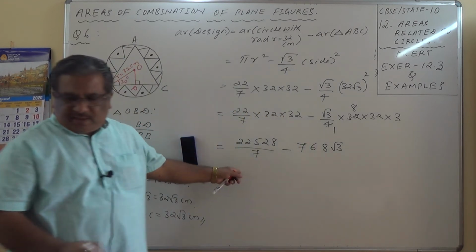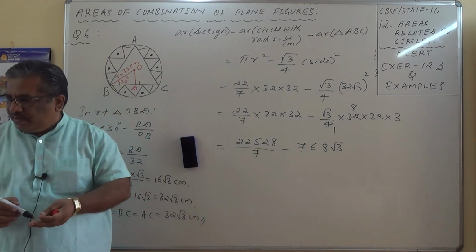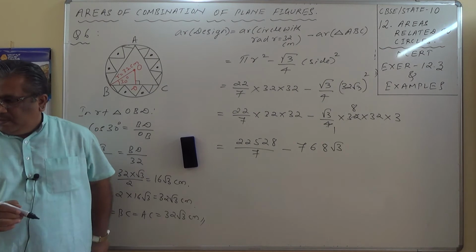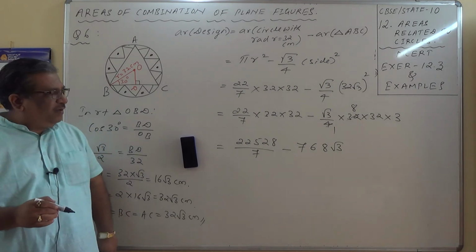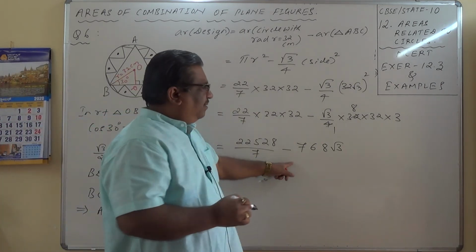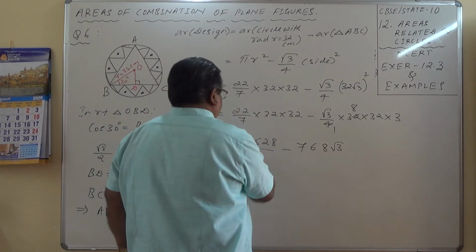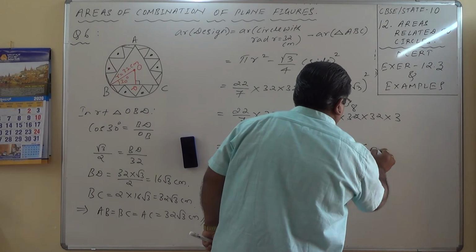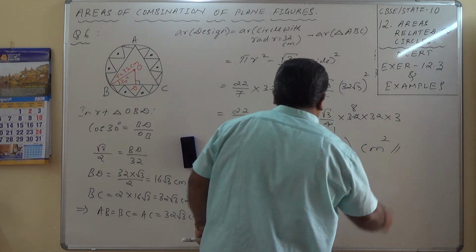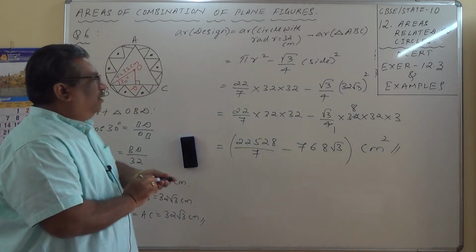This should be the answer: 22528 by 7 minus 768 root 3. So square centimeter is the unit of the answer. Correct?